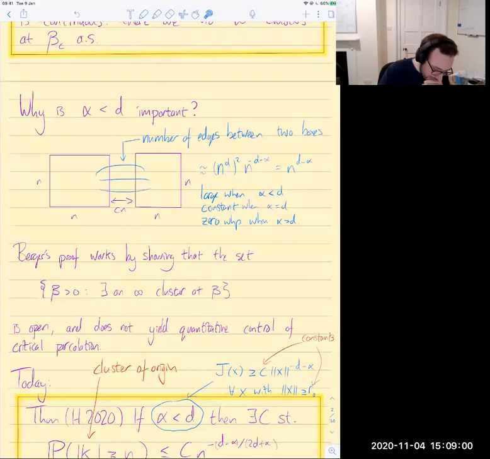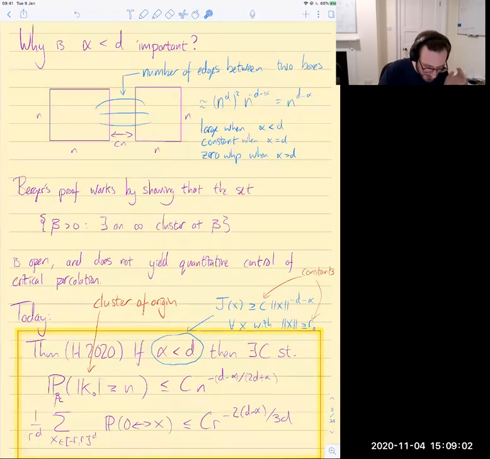Now, the way that Berger's proof works is he says, suppose you have some value of beta where you have percolation. He shows that for any such value of beta, you can decrease beta a bit and you'll still have percolation. In other words, he shows that this set of beta where an infinite cluster exists is open.